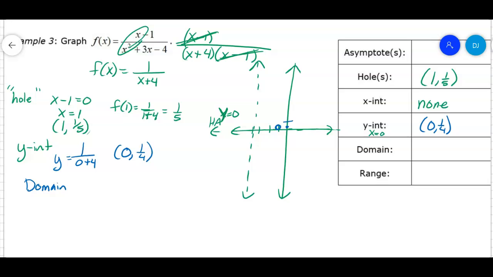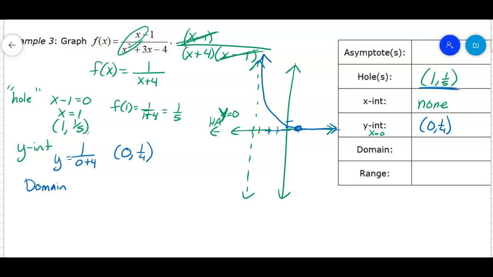I noticed there was an error made, and it was this hole that I had graphed. It's really supposed to be 1 and 1/5, which is over here, so it should be super close. Okay, so as it comes down, here we go. It's going to approach and be close to 1/5.